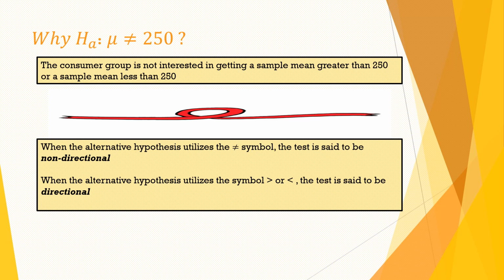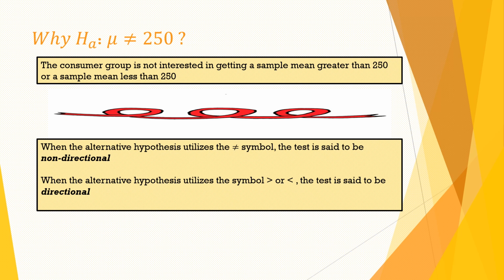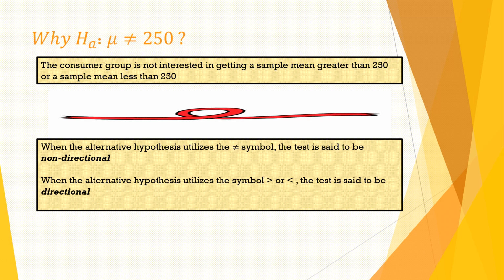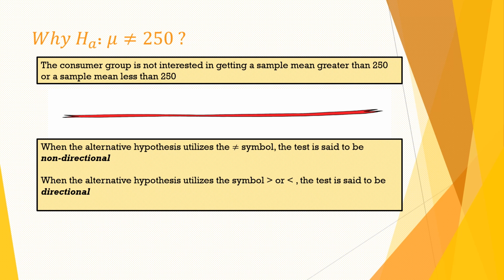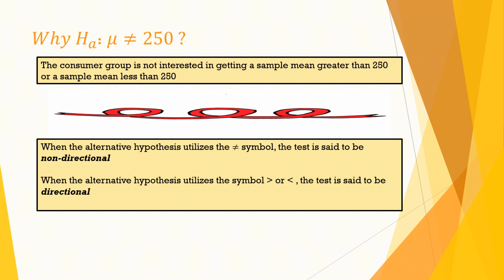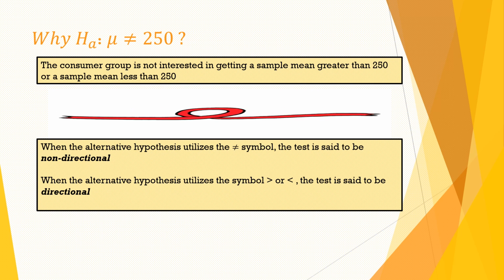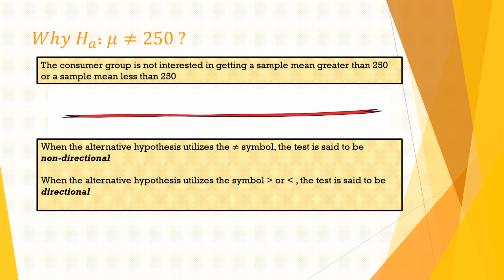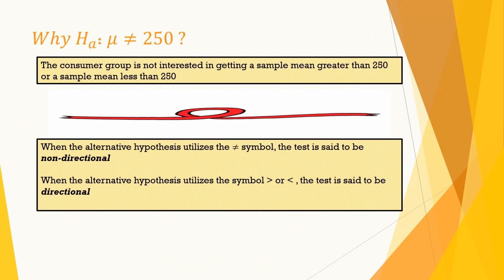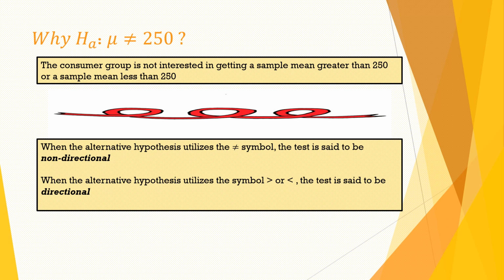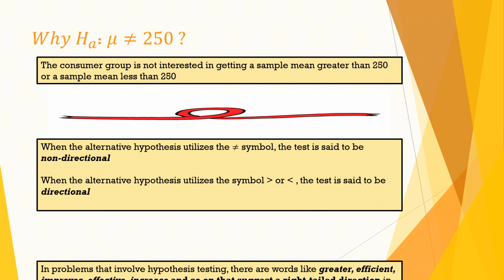Now, kung meron tayong tinatawag na non-directional at directional, okay, this is sa alternative hypothesis na po tayo nakafocus. Okay, base sa symbol na gagamitin para malaman natin kung anong test siya, question, kailan natin gagamitin si not equal, kailan natin gagamitin si greater than, at kailan natin gagamitin si less than as our alternative hypothesis.